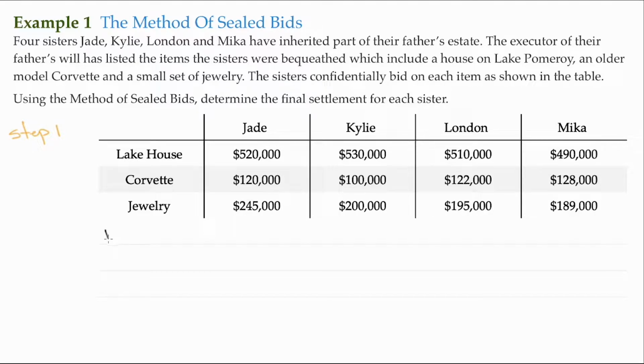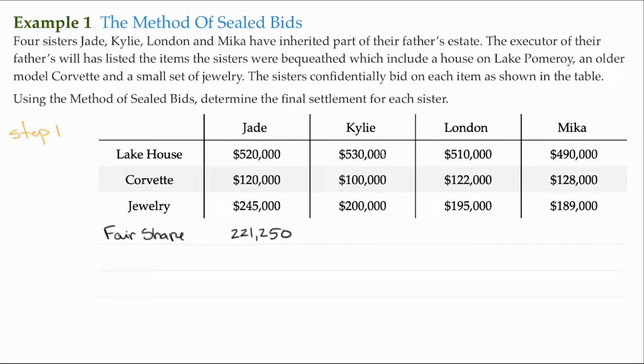Her fair share is the total, $885,000, divided by 4, and she expects to get $221,250 worth of the estate.